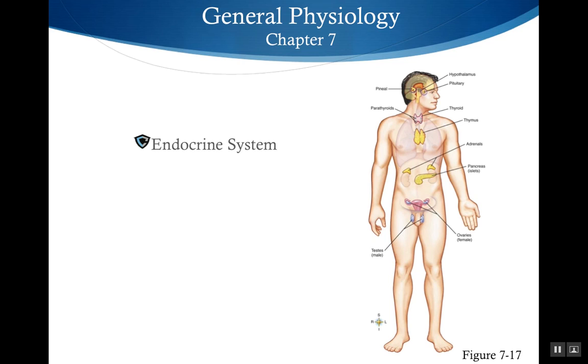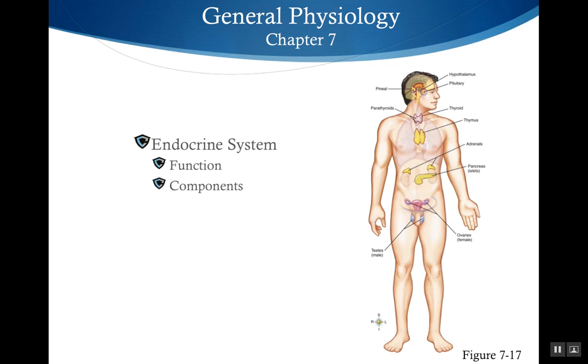All right, so the next system that we're going to discuss is the endocrine system. The function of the endocrine system is to produce hormones that affect metabolism, growth, and also development. And these hormones are secreted directly into the bloodstream, and they're secreted by ductless glands and tissues. So let's talk about the components.